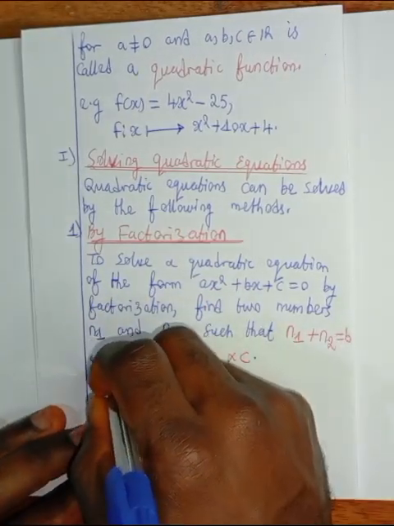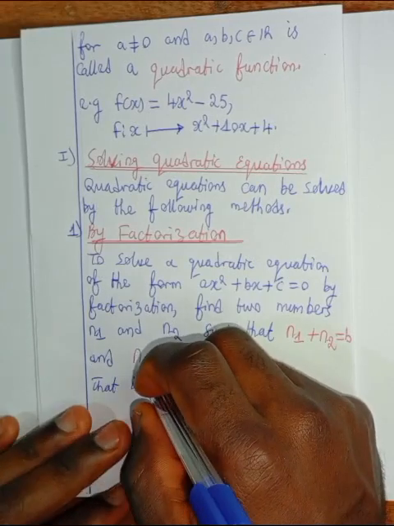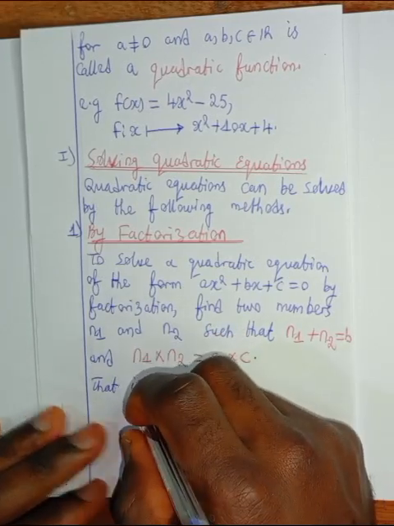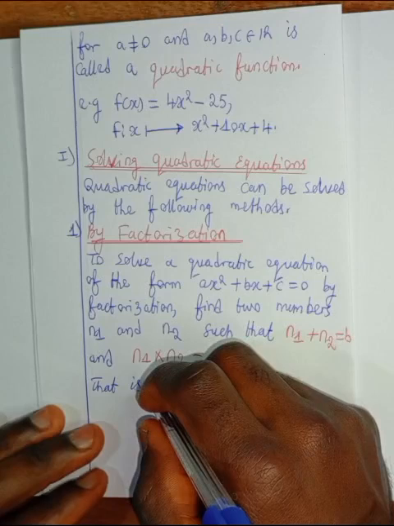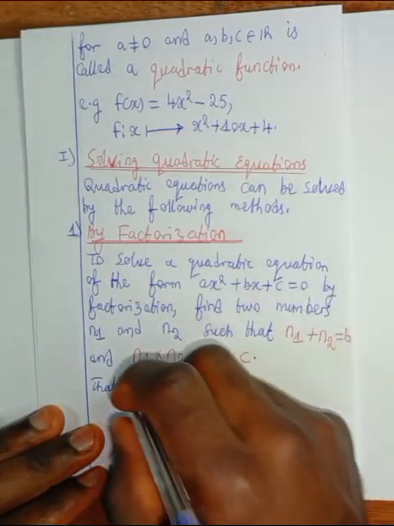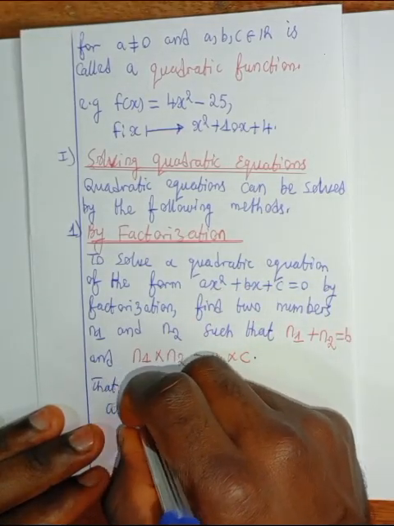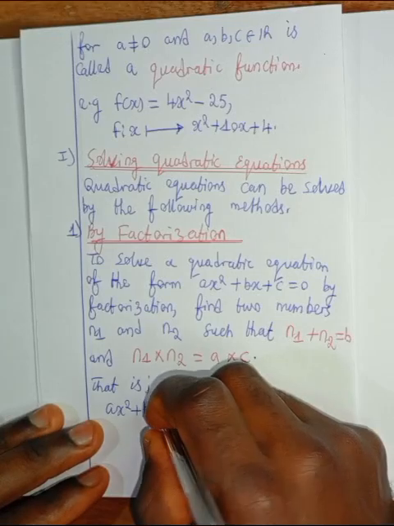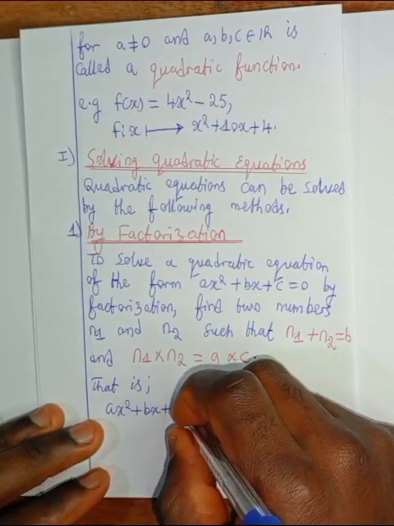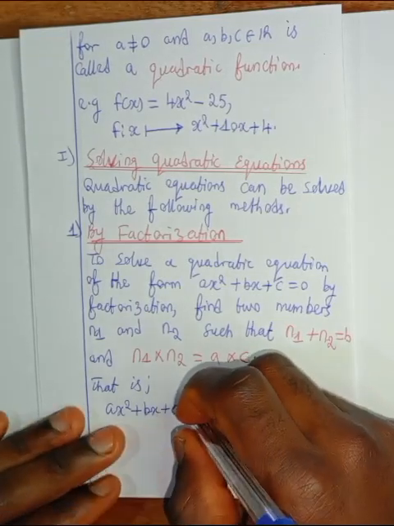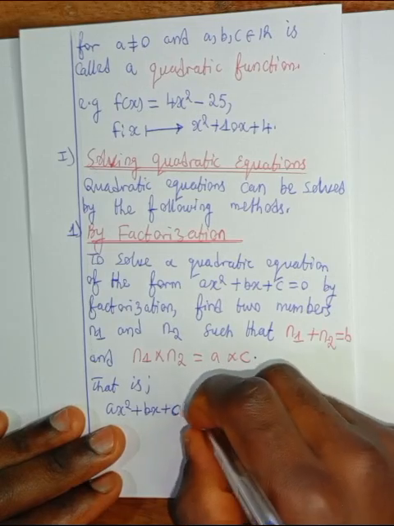That is, we take the quadratic equation, which is ax squared plus bx plus c equal to 0.